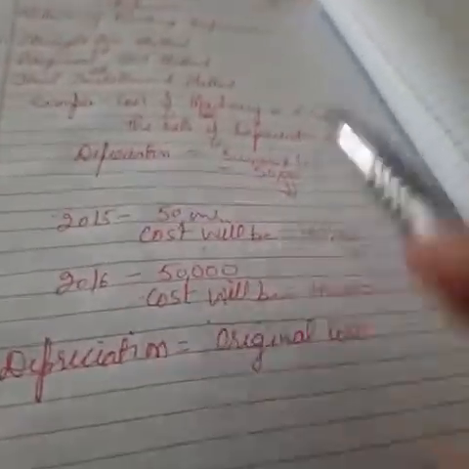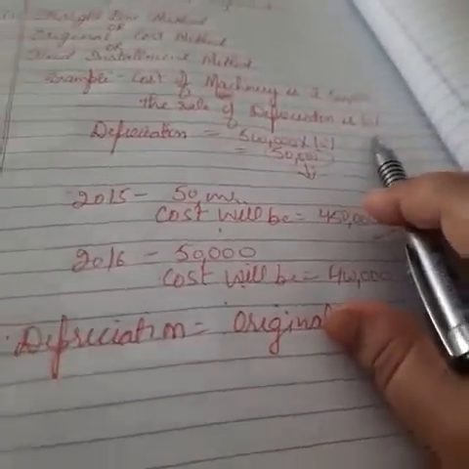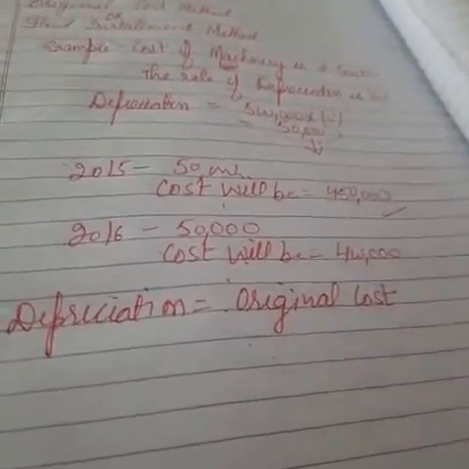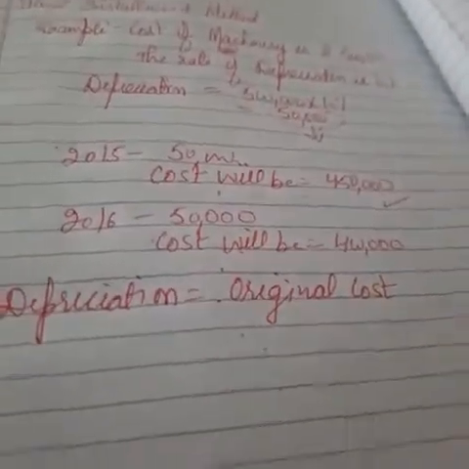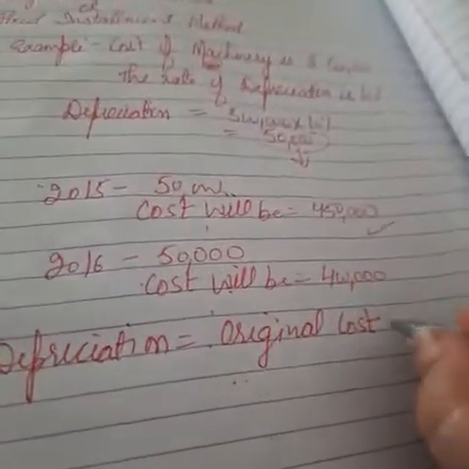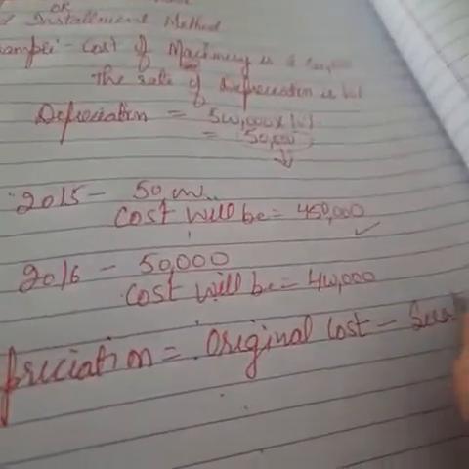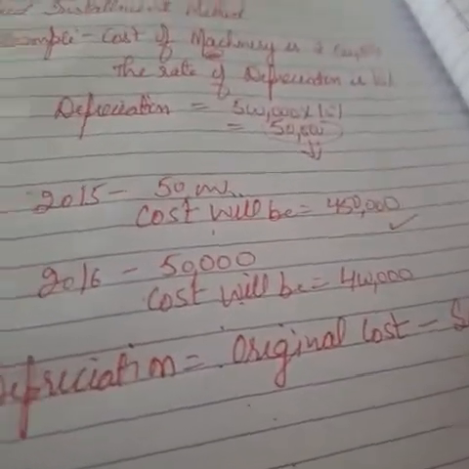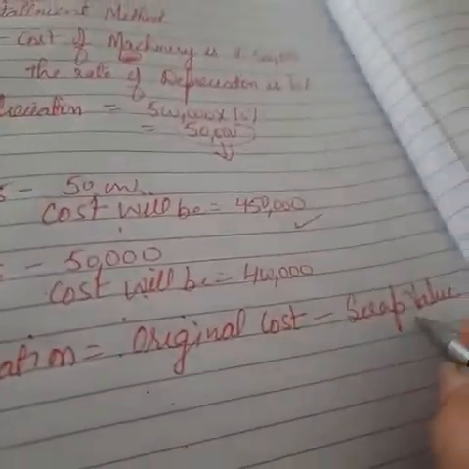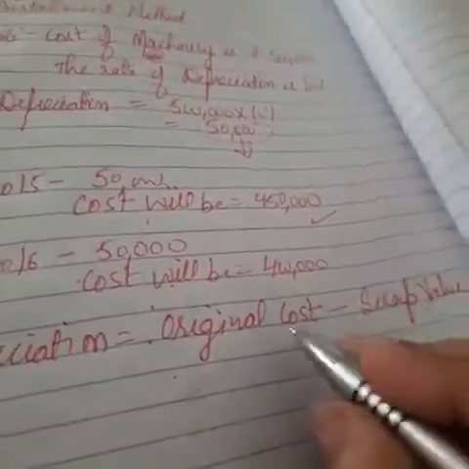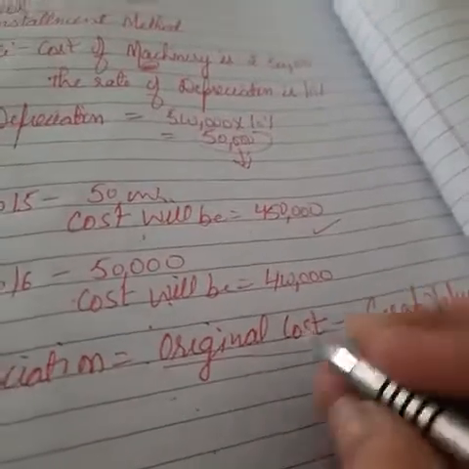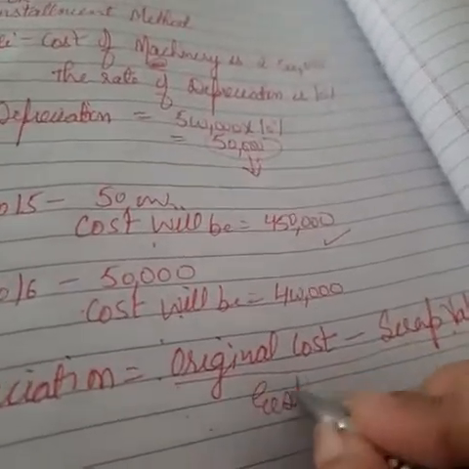Now if the rate is not given in the question, then what do we have to do? Then we have to use a very simple formula, that is depreciation is equal to original cost minus scrap value, divided by estimated life. Scrap value means the value of an asset when it is scrapped; we will deduct that from the original cost.